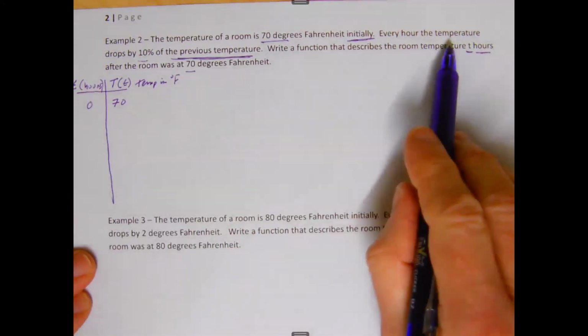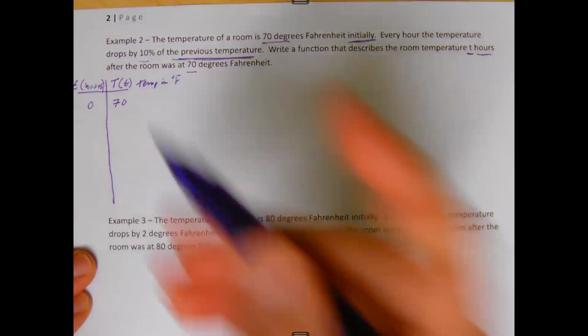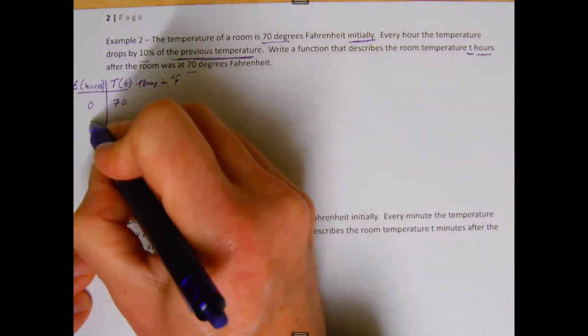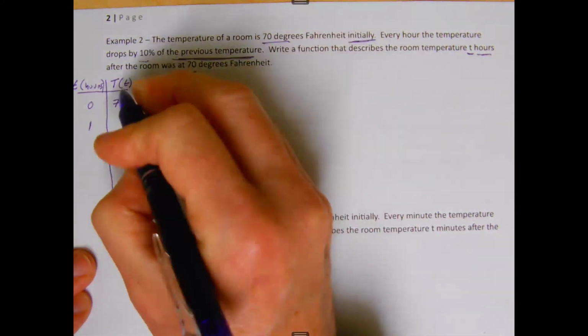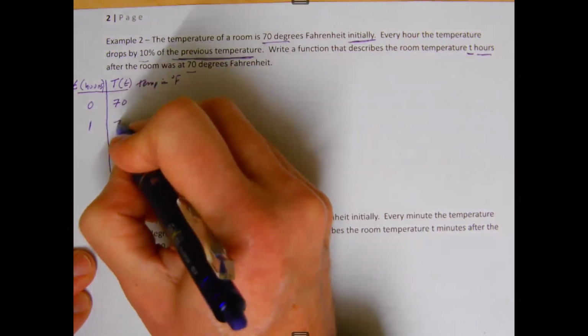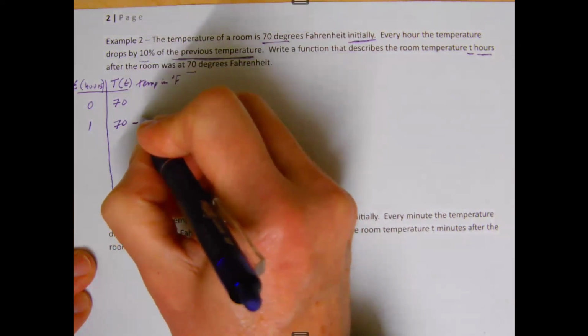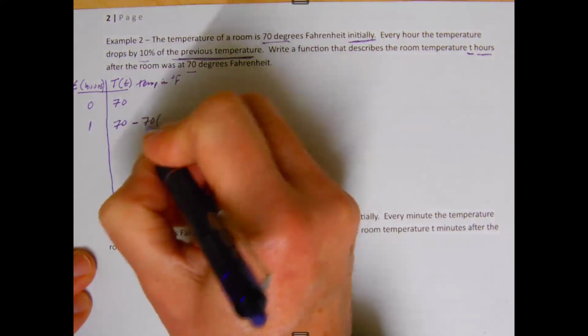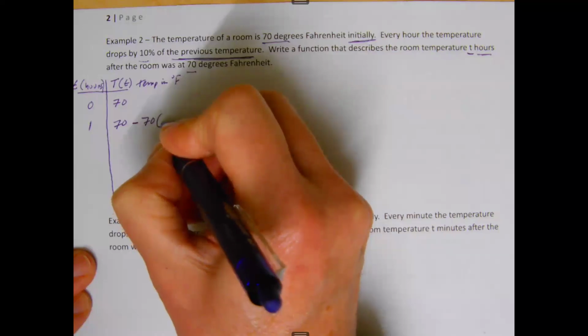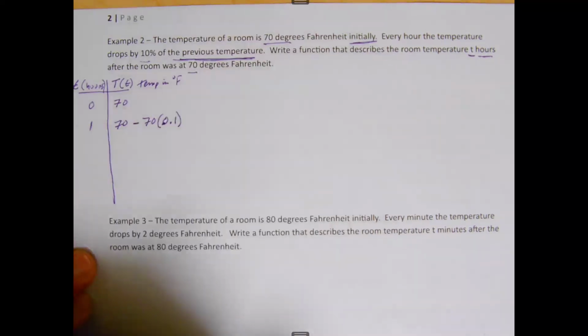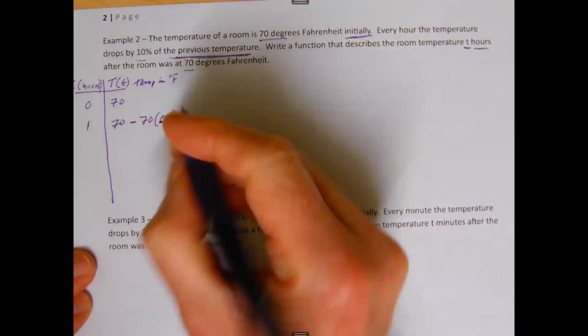In this case, every hour the temperature drops by 10% of the previous temperature. The previous temperature is here. So when we go 1 hour into the future, what happens? Well, we start with our original temperature, 70, and we subtract from it 10% of it. So I'll take 10% of 70.